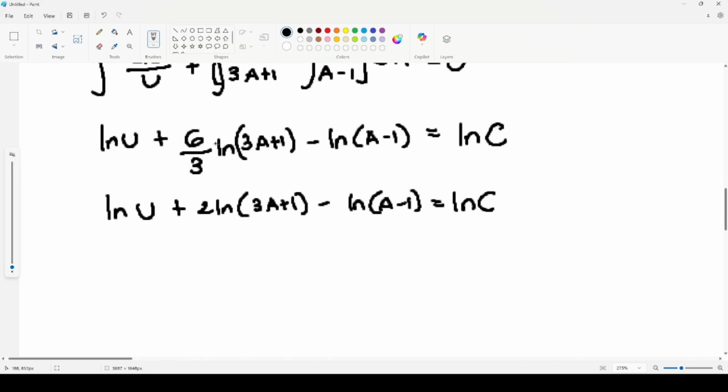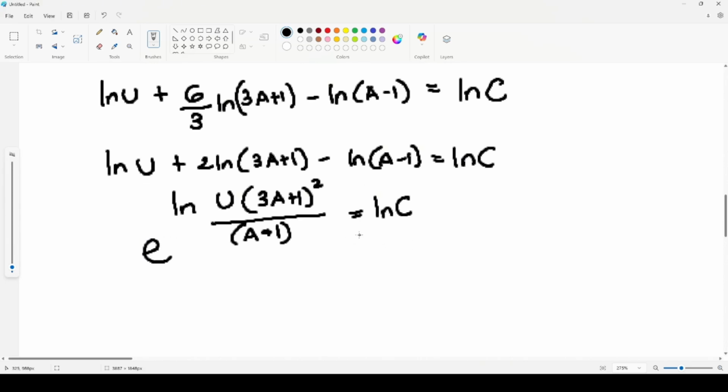Let's simplify further. So by the property of logarithms, ln of u (3a plus 1) squared over (a minus 1) is equal to ln c.